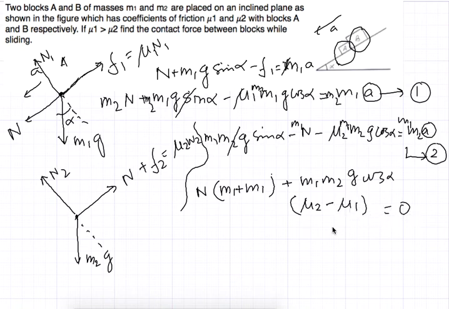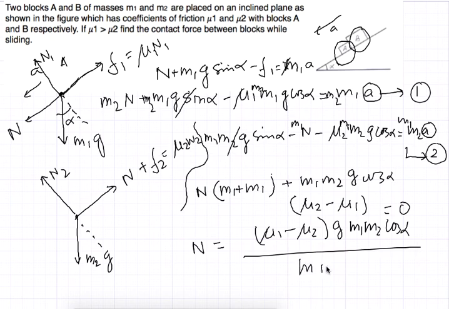So N equals mu1 minus mu2, times g m1 m2 cos alpha, divided by m1 plus m2. This is our final answer.